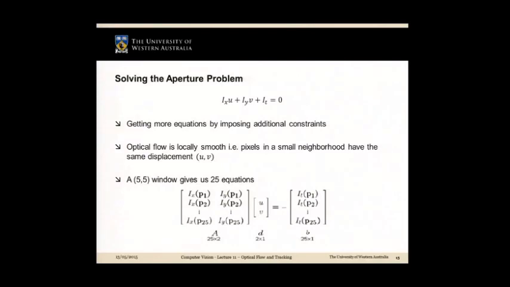So instead of restricting the problem to one pixel only, you take a neighborhood of pixels of a fixed size. You can use 3 by 3, 5 by 5, or 7 by 7. Say we take a window of 5 by 5, which gives us 25 pixels. Since this equation is for 1 pixel, we have 25 different equations.